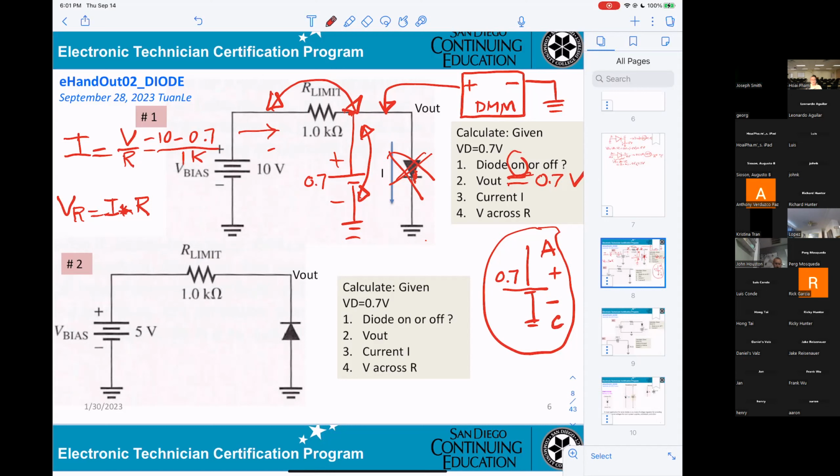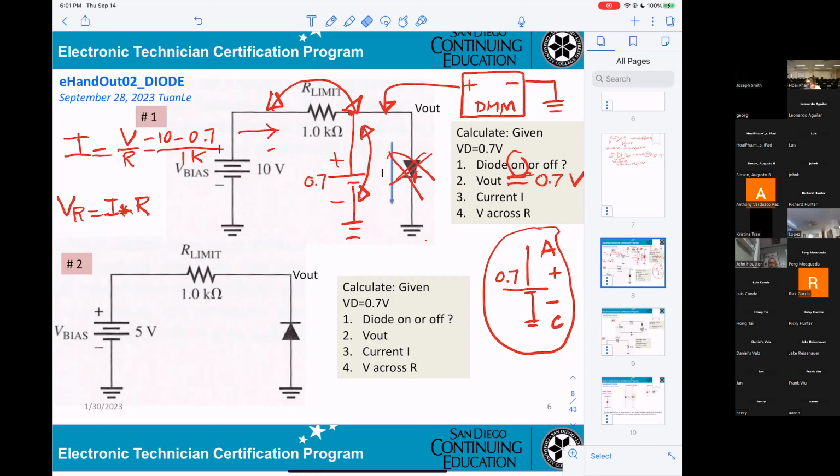Now, quickly go to number 2. Diode on or off? Diode off. Perfect.